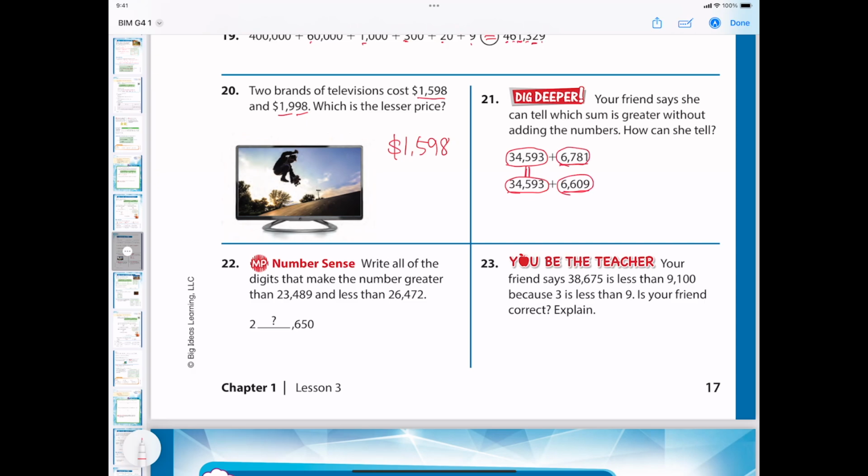Which one is greater? Yep, this one, 6,700, because 700 is greater than 600, right? So let me make it easier. I'm just gonna check. This is going to be greater because you can compare the second add-ins.